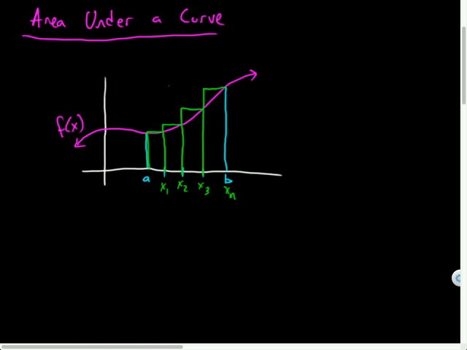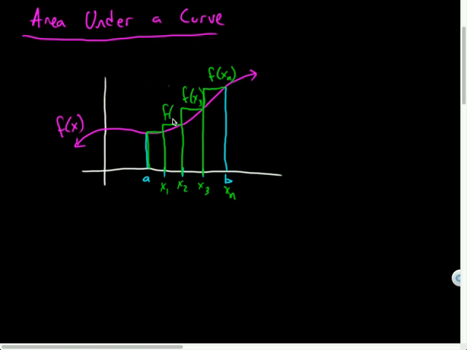What would the height of this leftmost bar be? The value of y when x is equal to x sub n, or b. So this would be f of x sub n. This would be f of x sub 3 in this case.